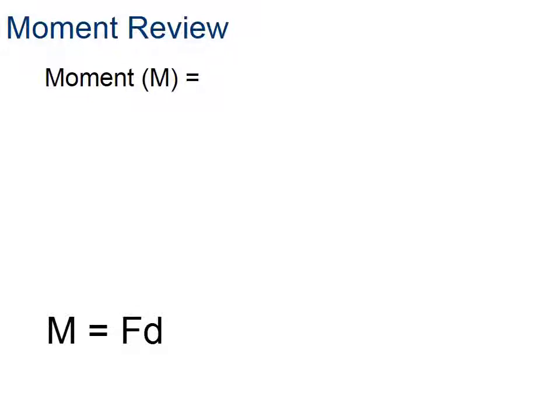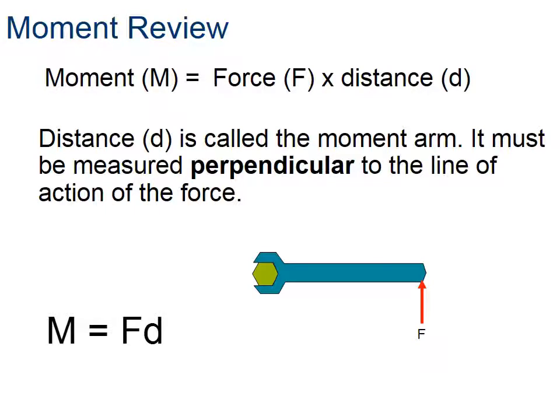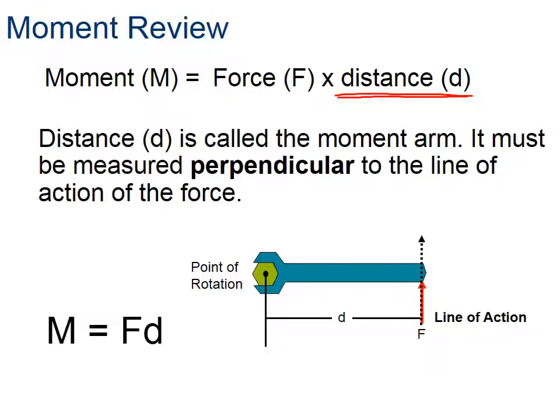All right, so a moment is really just a force times a distance. If we look at a wrench, for example, here we have a wrench with a force acting on it. It's got a point of rotation right in the middle of the nut, and it has a line of action. It's important to know that the distance that we use is the perpendicular distance between the line of action and the point of rotation.